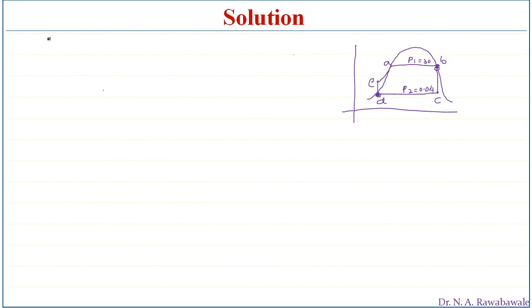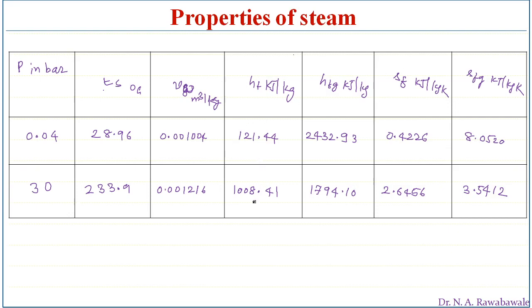So first we find out enthalpy at point B, we can call it HB, and this is nothing but HF at point B plus HFG at point B. HF at a pressure of 30 bar is known, so that is obtained in this table. HF at 30 bar is 1008.41.